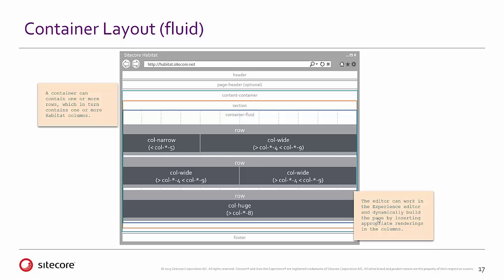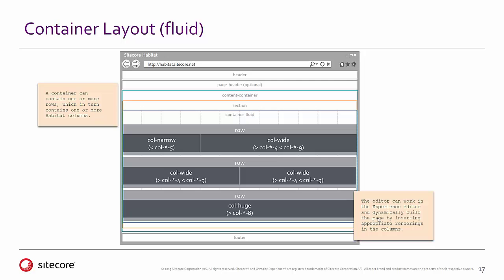And the whole way of editing the page is very dynamic. So the editor that works in Sitecore can build these pages up by themselves. Of course, we can predefine those in the page type. So when he creates a news page or a section page, we have predefined sections and rows and columns.